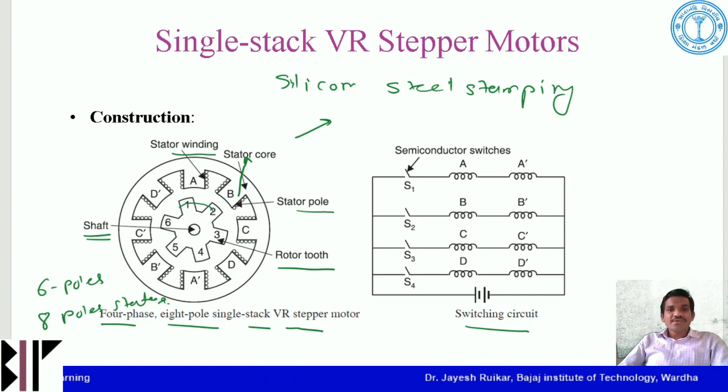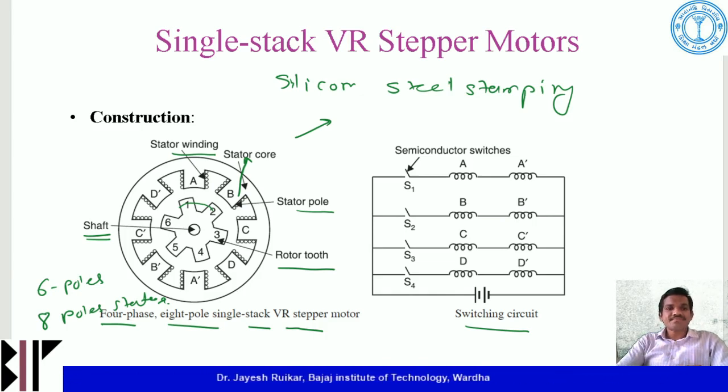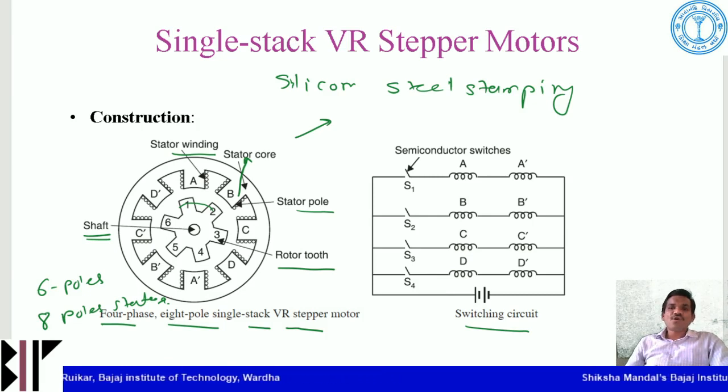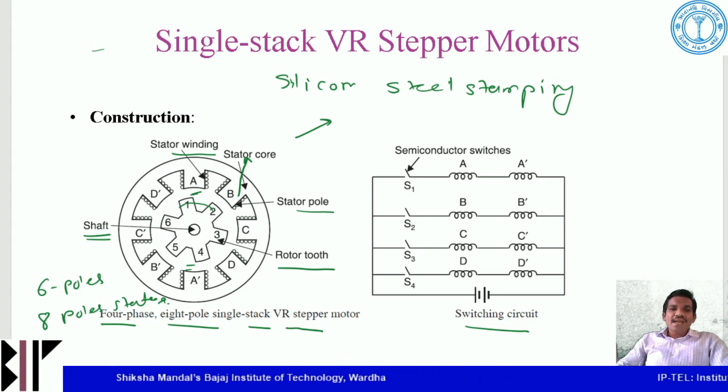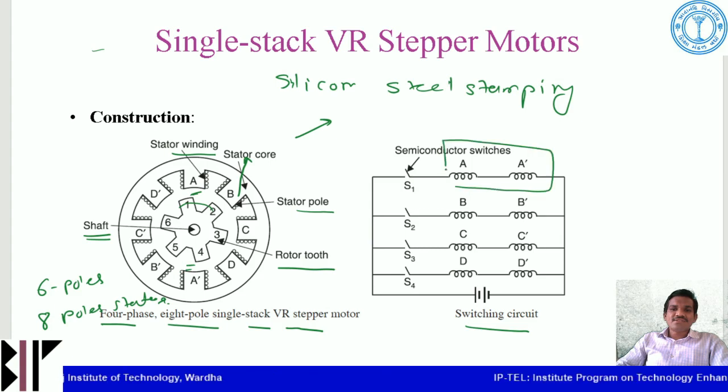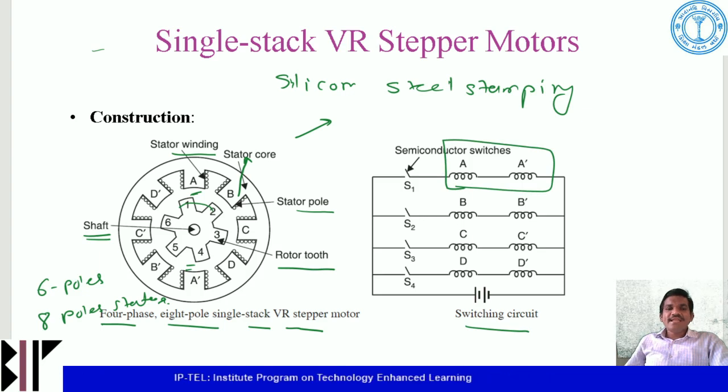Also, as I told you, the stator pole has a winding. When there is an even number of poles, the windings on the opposite poles, here A and A dash, are connected in series so that the currents in the winding generate a magnetic flux.